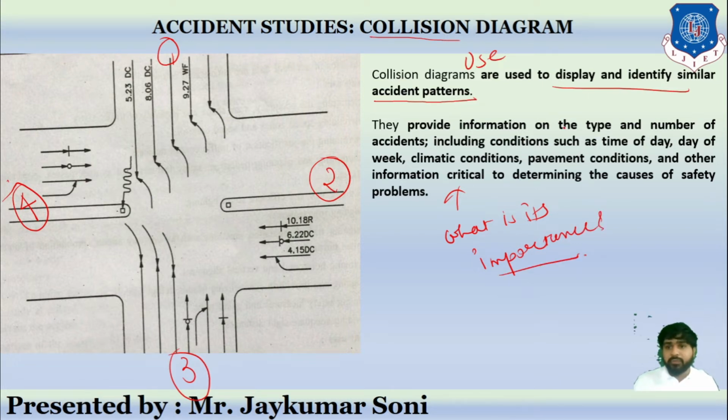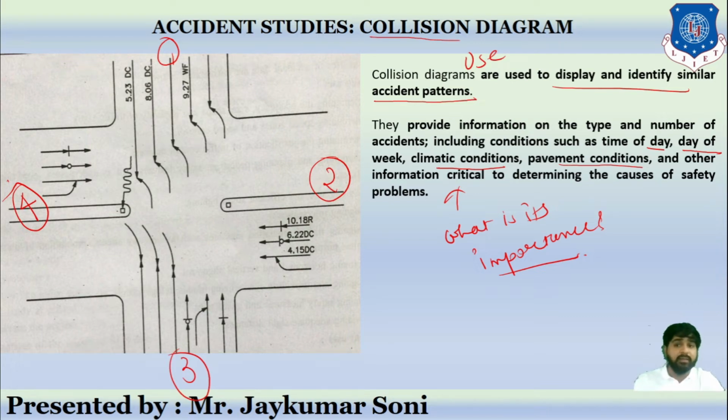They provide information on the type and number of accidents, including conditions such as time of day, day of week, climatic conditions, pavement conditions, and other information which is critical to determine the cause of safety problems.